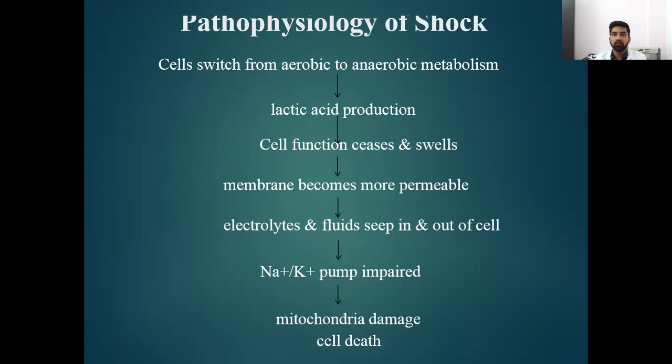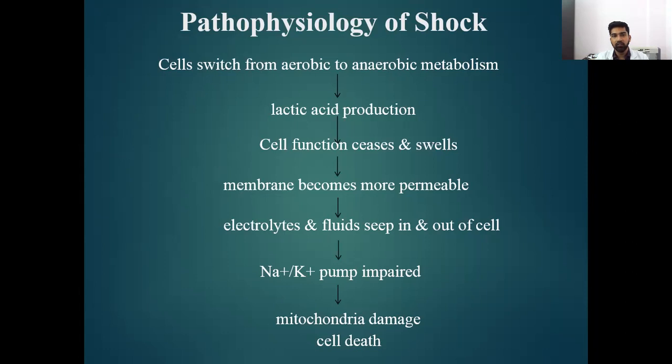Now the pathophysiology of shock. The cell switches from aerobic to anaerobic metabolism, with lactic acid production. Cell function ceases and the cell swells, the membrane becomes more permeable, electrolytes and fluids seep in and out of the cell, the sodium potassium pump is impaired, mitochondria are damaged, and the cell dies. As you know, for any organ its cell is important, and for any cell, mitochondria is the powerhouse.